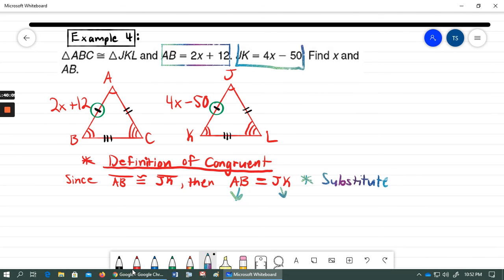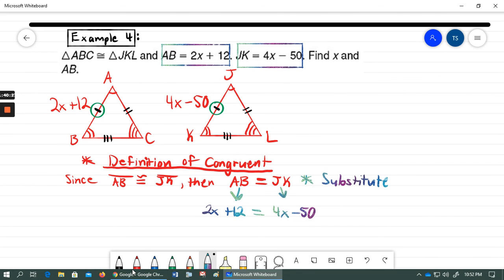And they told us what JK was, so let's plug that in too. So AB is equal to JK. That means that 2x plus 12 is equal to 4x minus 50.